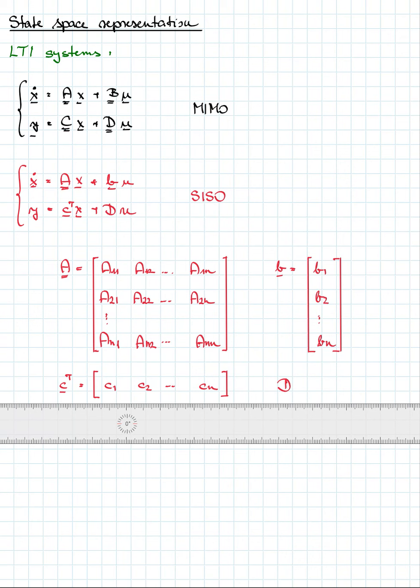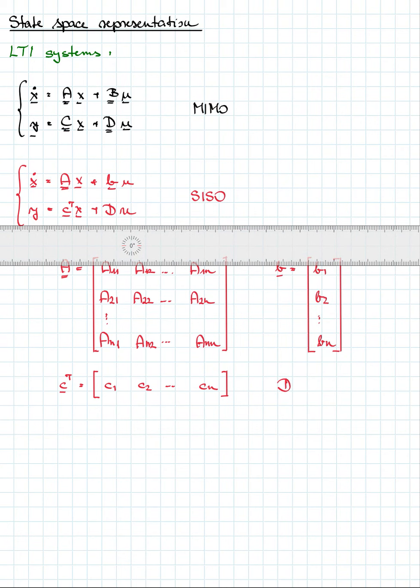So the state space representation of a system contains n differential equations. I put n here because the number of the states is n. We have solved one problem in which n was equal to 1, and we presented another problem, the second vehicle problem.